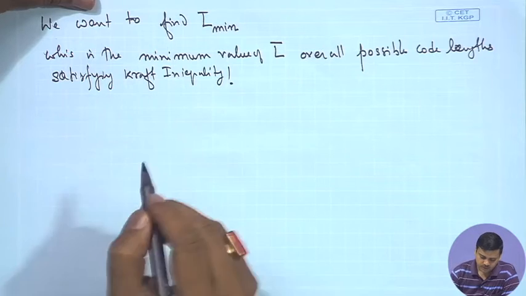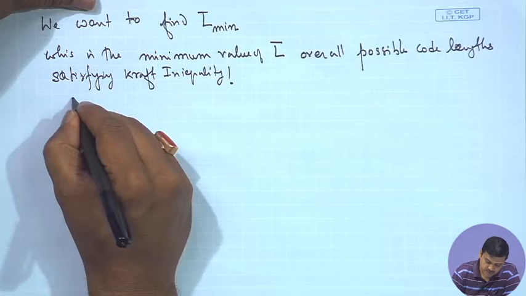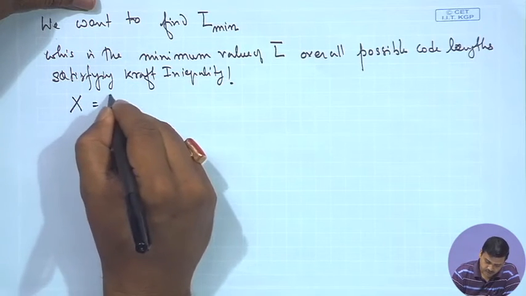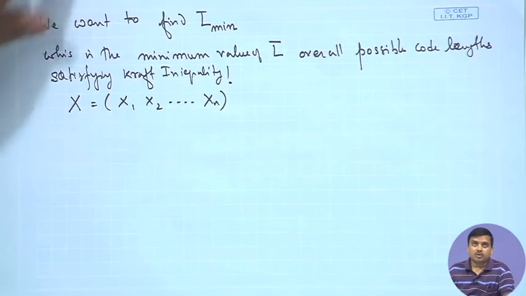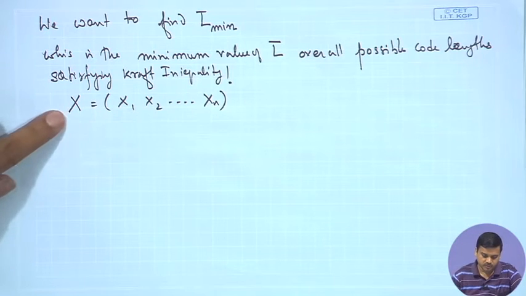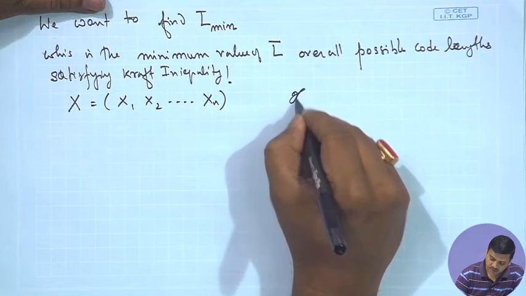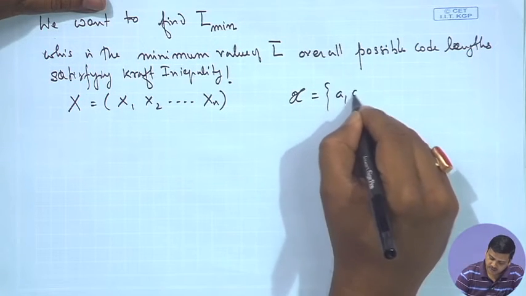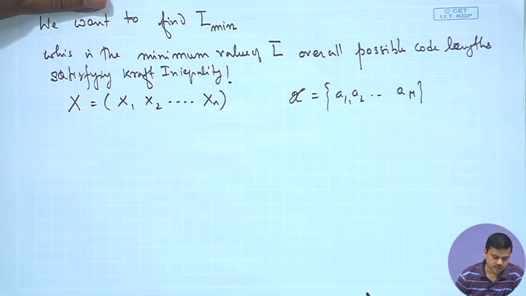To proceed with this, we take a long sequence x. Okay. So, let x be a long sequence. What we mean is that I take a sequence of symbols x1, x2, x3, x4 up to xn. This is what I mean by capital X, and these are of course selected from this alphabet, and they have these different lengths.